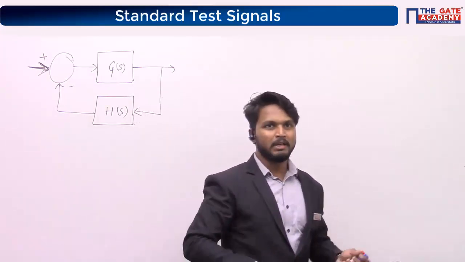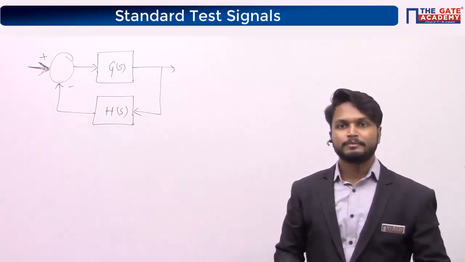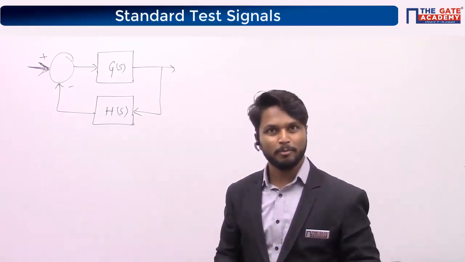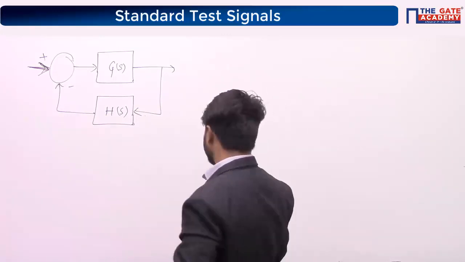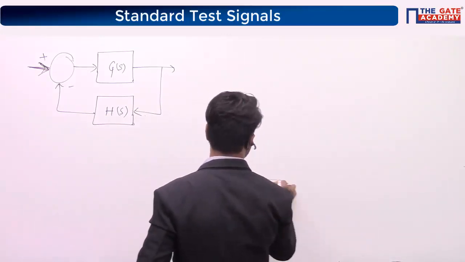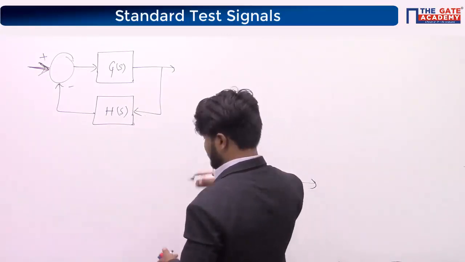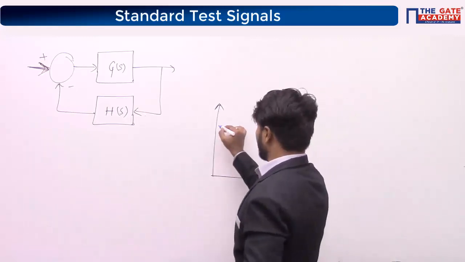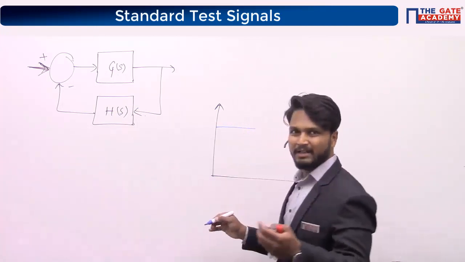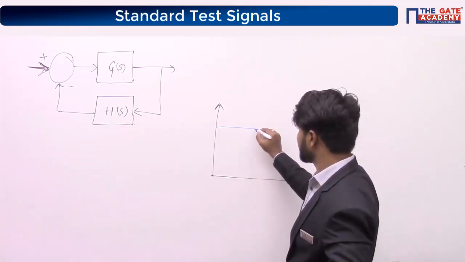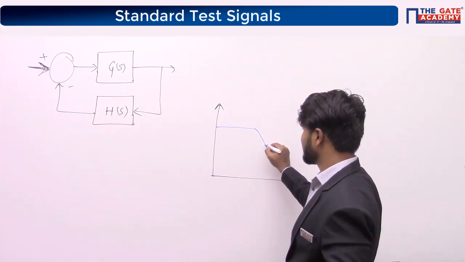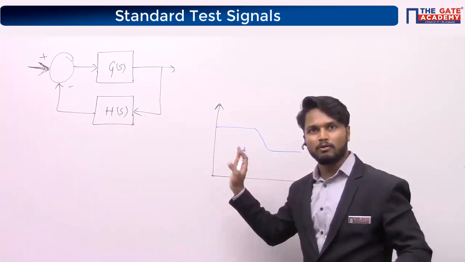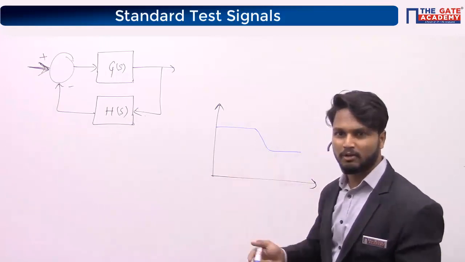So you might be having a doubt in your mind: which systems are more stable, closed loop systems or open loop systems? Let us say you have some open loop system. In an open loop system, if at all you get any disturbance in the response, the response might go somewhere else and it will just settle over there.